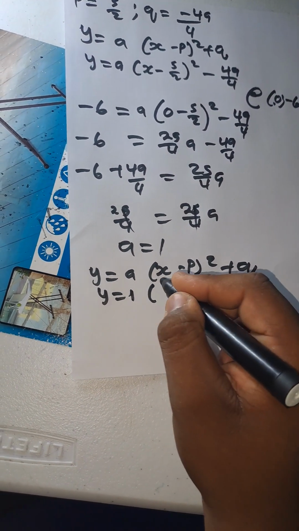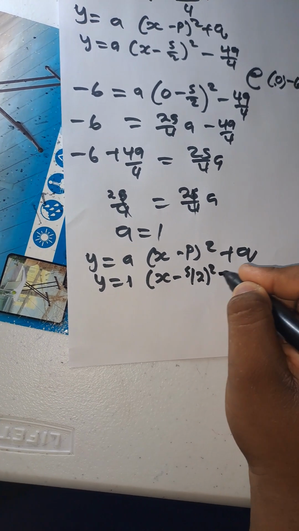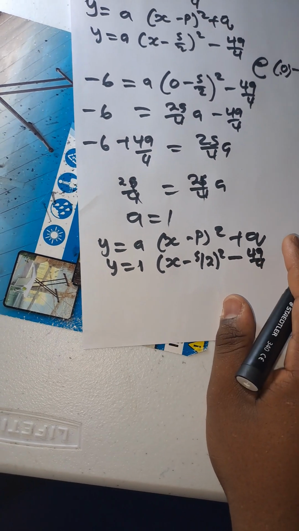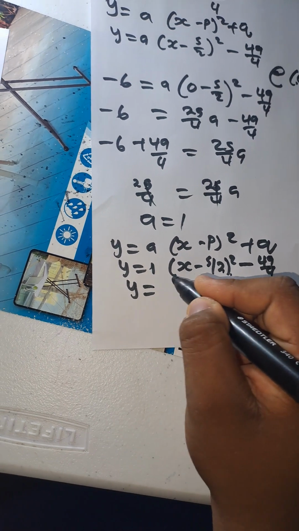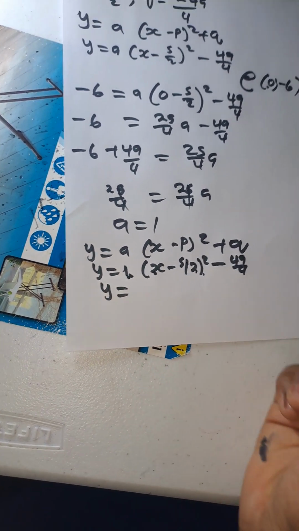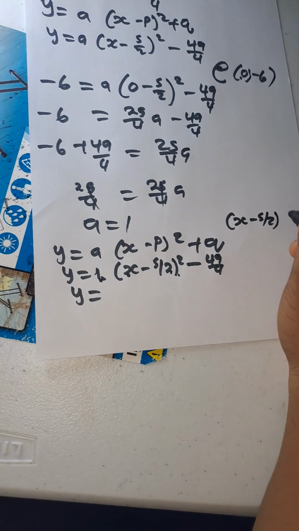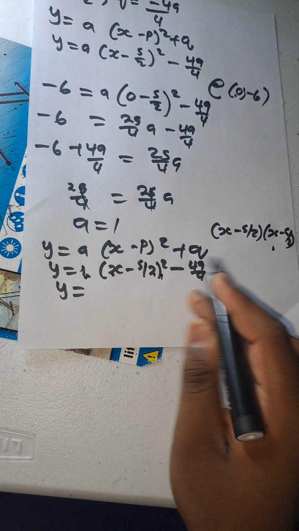So 1 times (x minus 5/2) squared minus 49/4. Now since it is like this, you can open it by saying y is equal to 1 times this. We can solve it here: (x minus 5/2)(x minus 5/2) is like that, a difference of two squares.